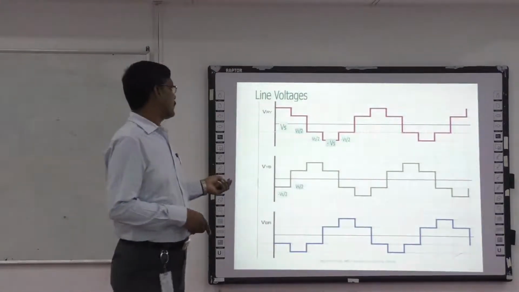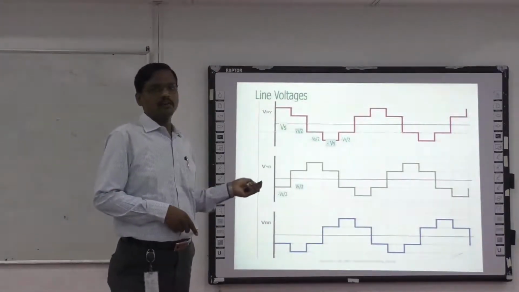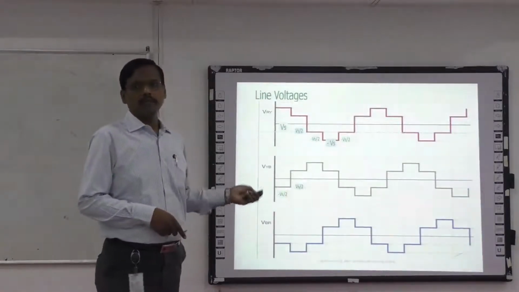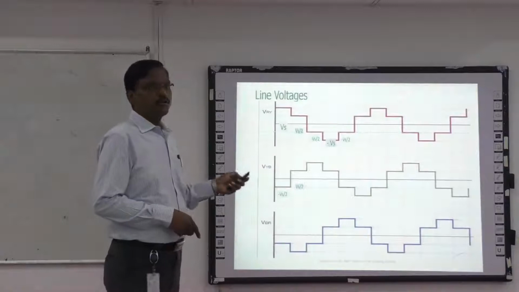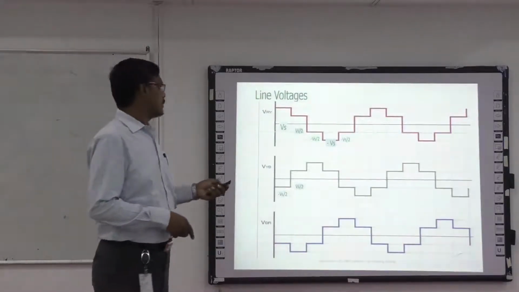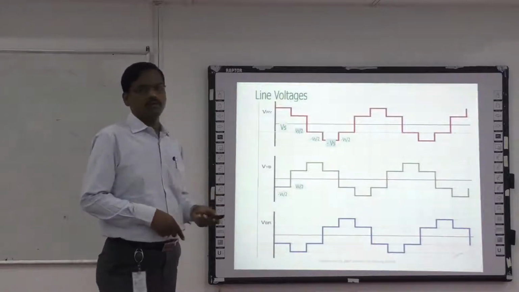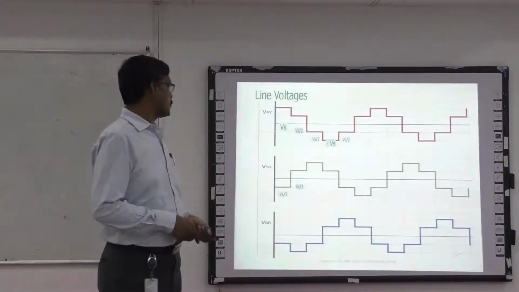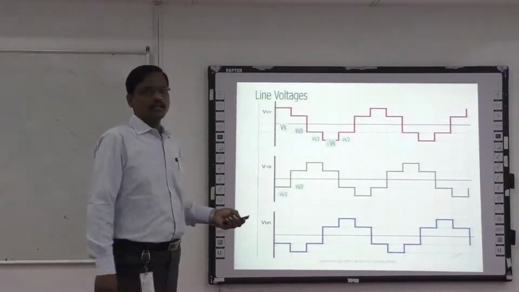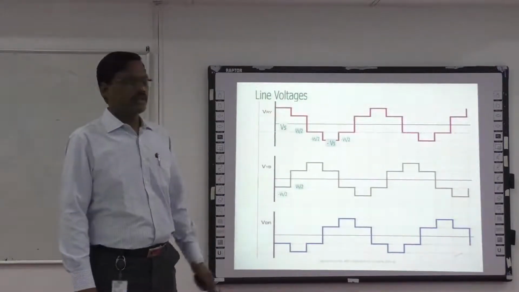In the output waveform of the 180 degree mode, the phase voltages are going to be a stepped waveform and the line voltages a quasi square waveform. But in the 120 degree mode, the phase voltage is going to be a quasi square waveform and the line voltages are going to be a stepped waveform. These are the differences between 180 degree and 120 degree modes of operation.